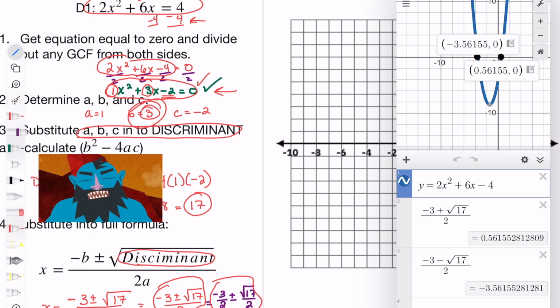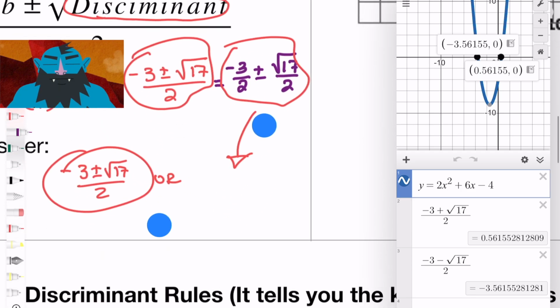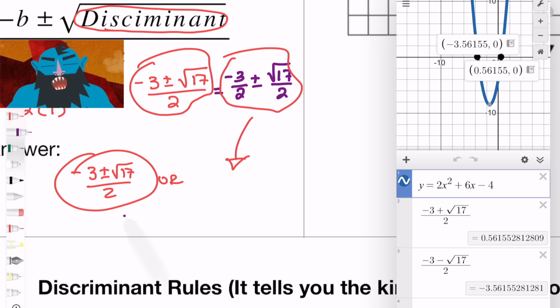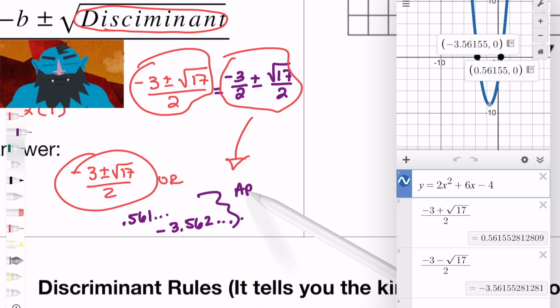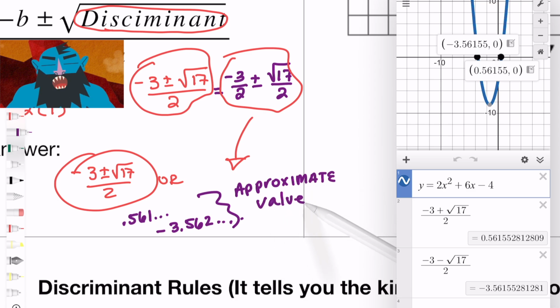So why don't we just use our graphing calculators to get these solutions? Well, these decimal values for our answers, 0.561 and negative 3.562, these things are approximate. These decimal values that my Desmos gives me are infinitely long. They never have a repeating pattern.